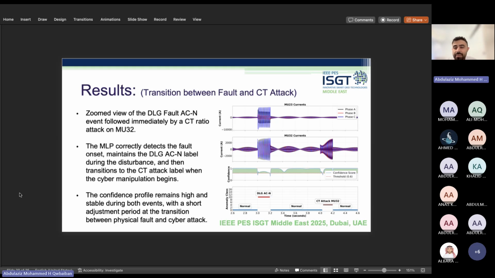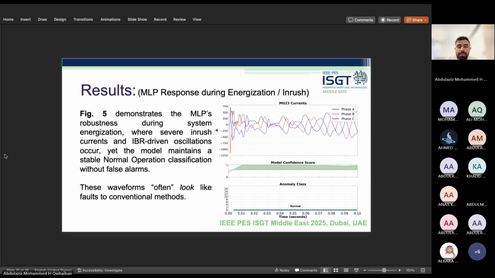So what is the benefit? The benefit is you can use this information or signal to open the breaker of the line and isolate your fault or attacked area. In this figure, we demonstrate the same during system energization.